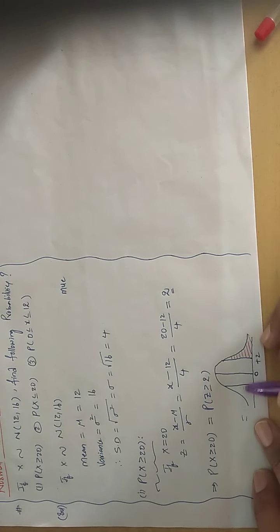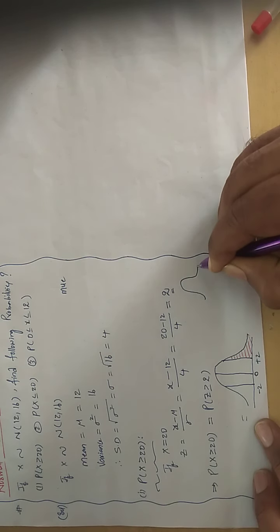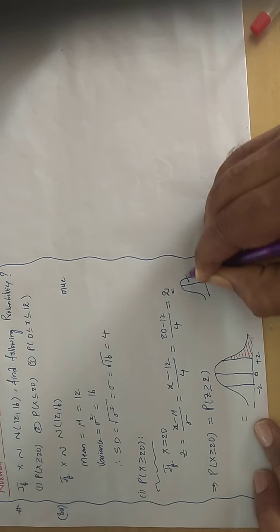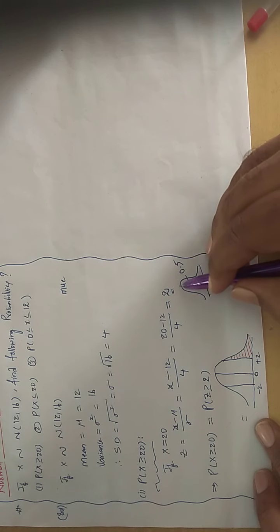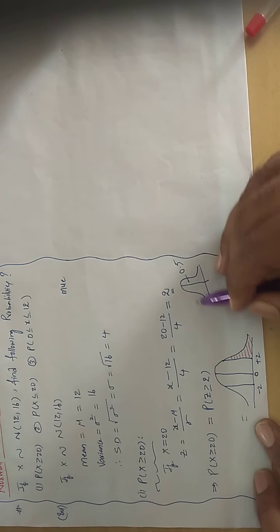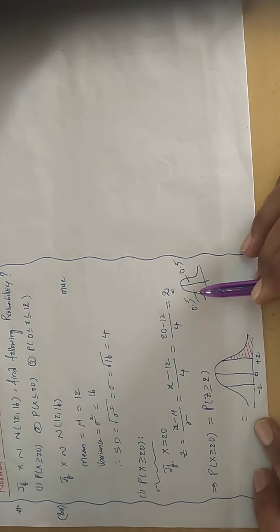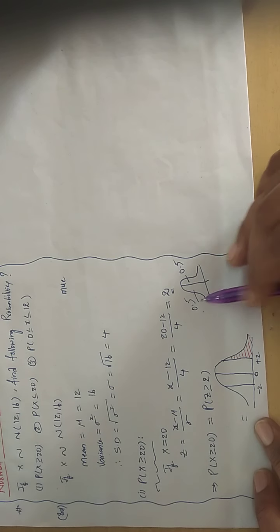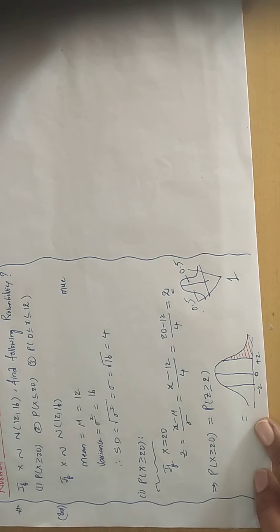If this entire area is 1, then this side how much will be there? 0.5. For this line, the area of the left hand side is again 0.5. So this side 0.5, this side 0.5, and the total we get is 1, because the total probability is equal to 1. So we are applying this property here.